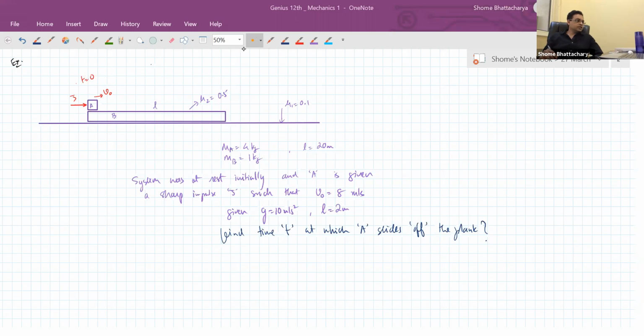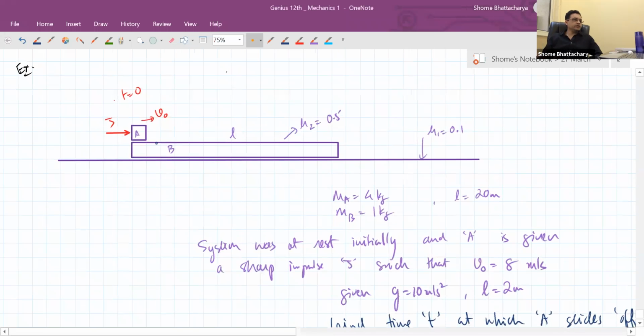Okay, so let's understand the friction immediately when this starts moving at velocity v naught. Exactly, Nishi. Good.